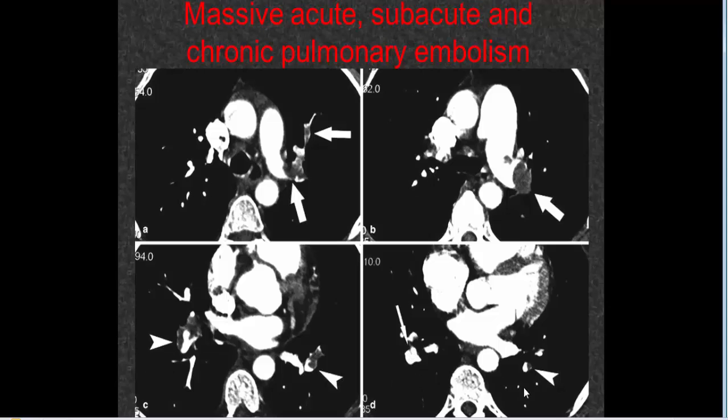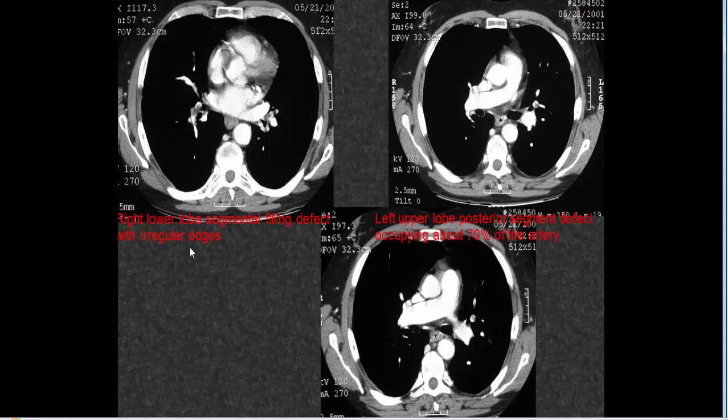This is segmental, bilateral lower lobe vessels. This is acute, subacute, chronic, massive pulmonary embolism. Here we see all degrees: acute, subacute, and chronic.